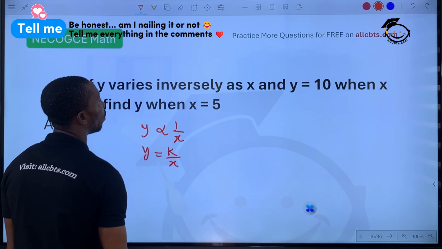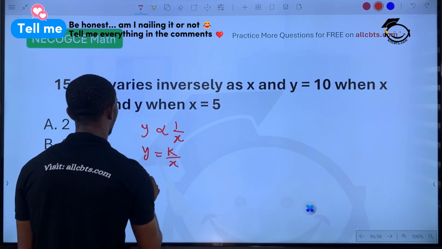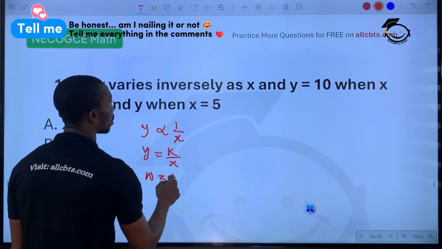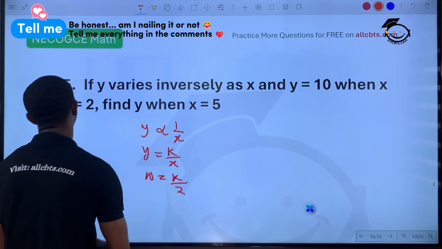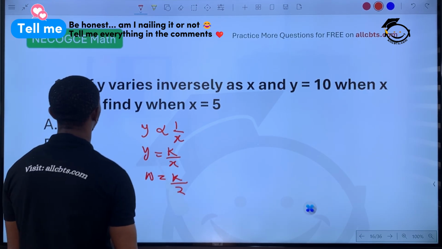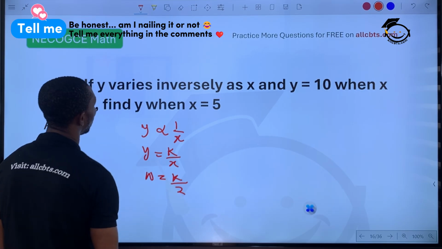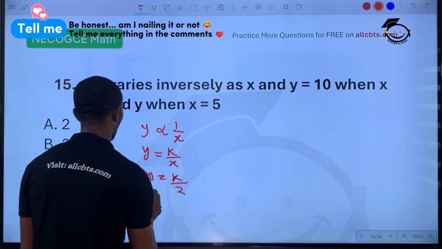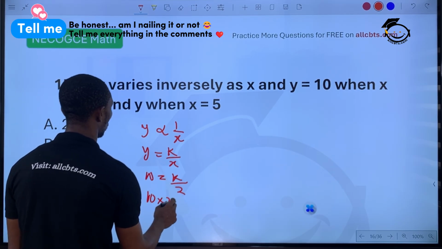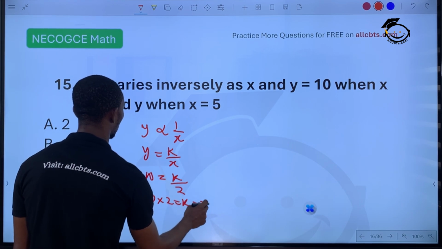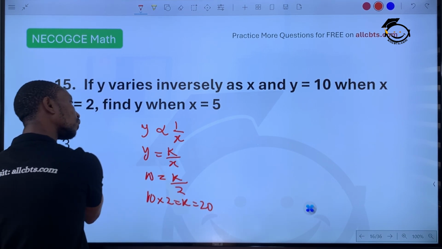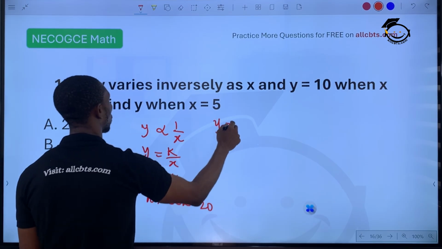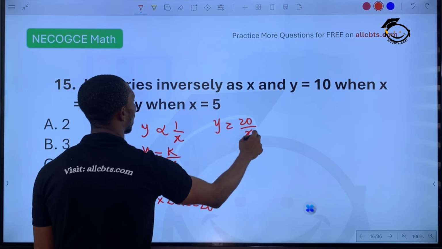Now when y is 10, 10 equals k over 2. Let's find the value of k. 10 times 2 equals k, which gives us 20. So our connecting formula will become y equals 20 over x.